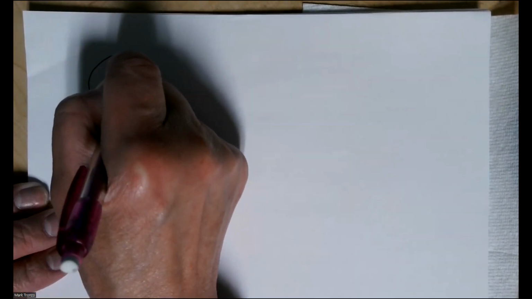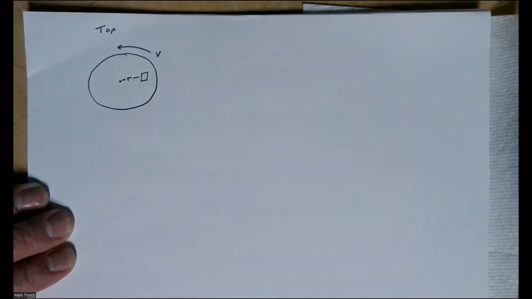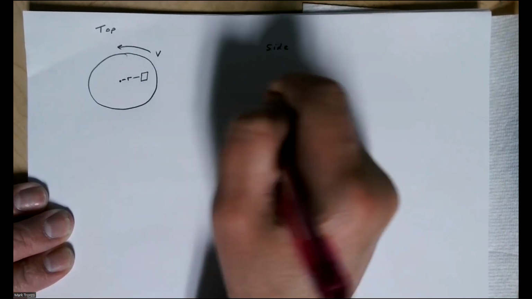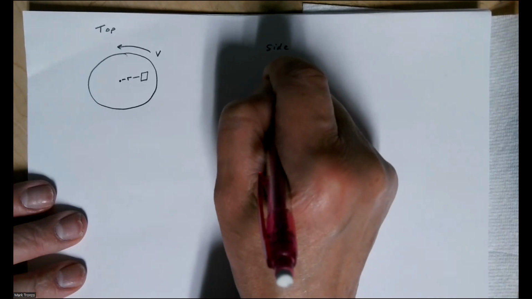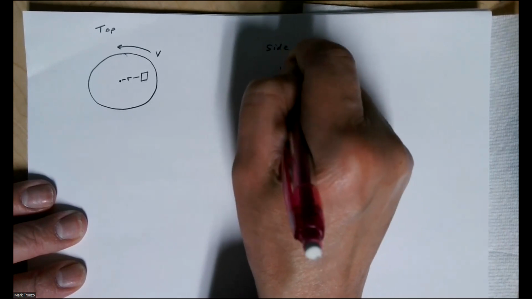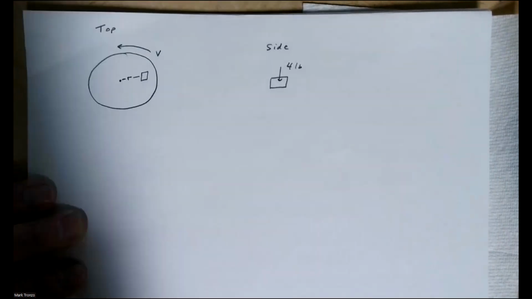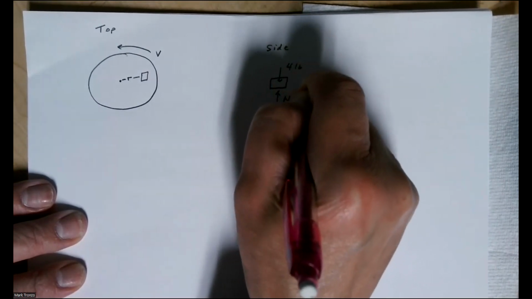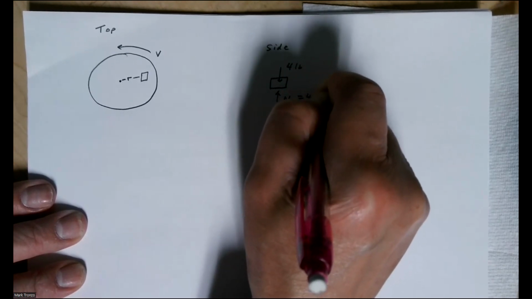Now, they don't actually give us the value of R, so we'll just write down R. And again, from the top view, from above, like this. And again, from the side, it's going to look something like this. Again, we have our 4 pounds down, and of course, there's no other forces in the vertical direction, so the reaction has to be 4 pounds.